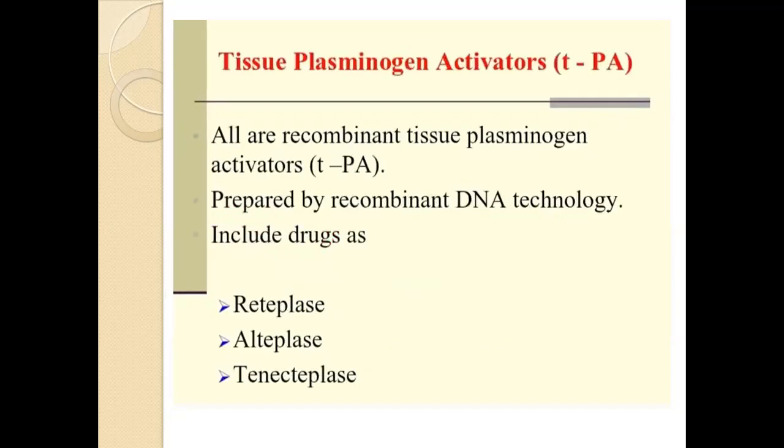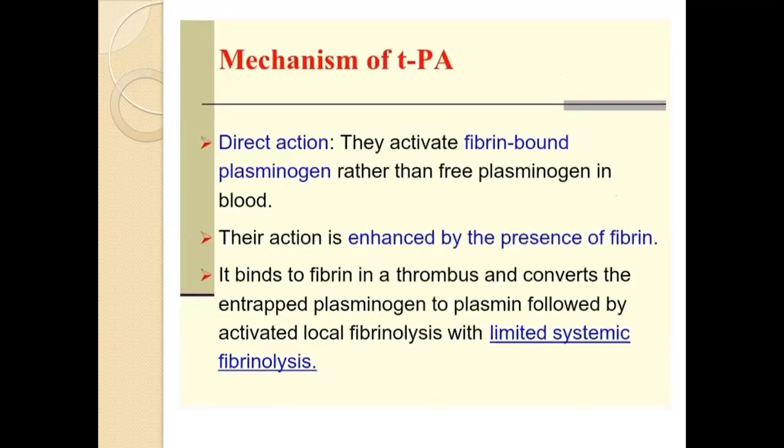So tissue plasminogen activators. These are all recombinant tissue plasminogen activators, prepared by recombinant DNA technology. They include drugs such as Nitiplase, Altiplase, Tenecteplase. Mechanism of action: they have direct action.